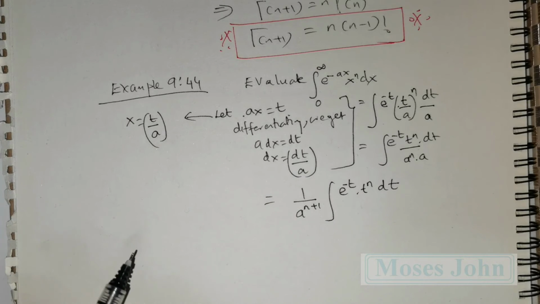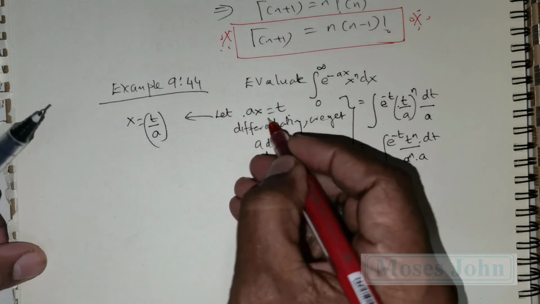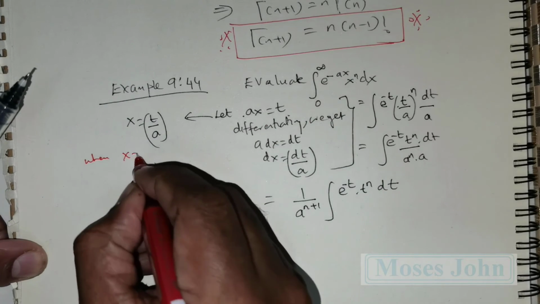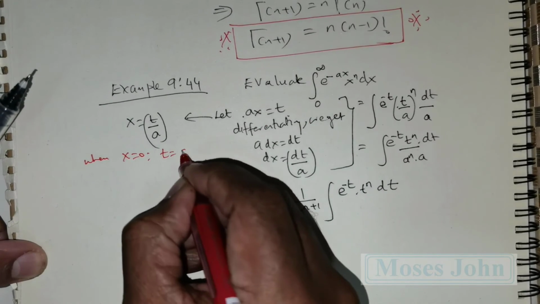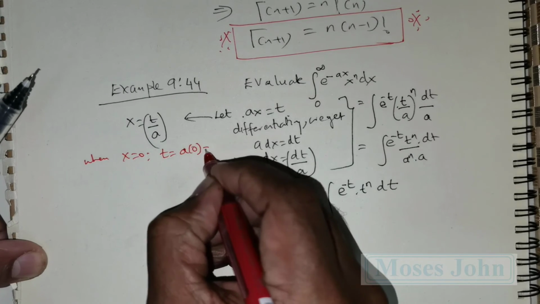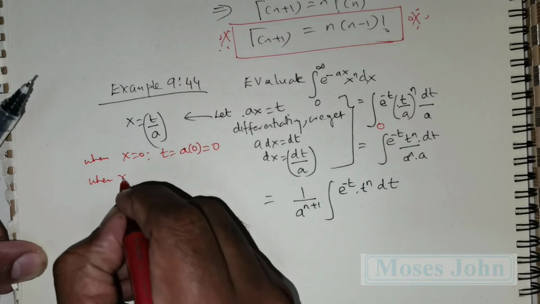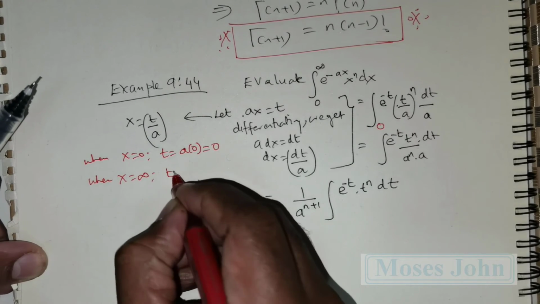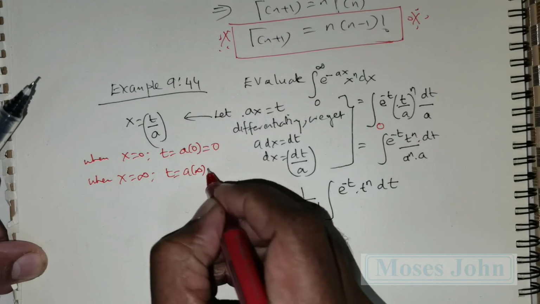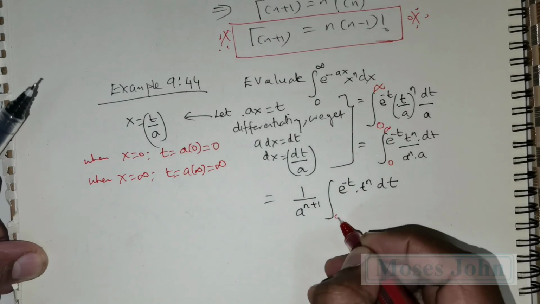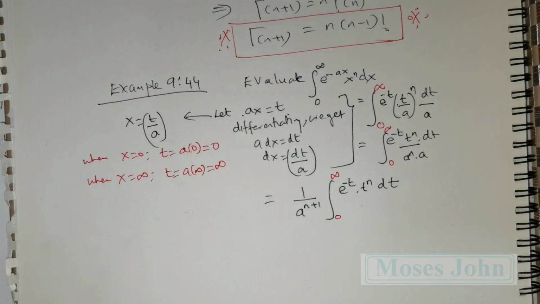Now the limits. When x is equal to 0, t is going to be a times 0, which is equal to 0, and when x is equal to infinity, t is equal to a times infinity, which is equal to infinity. So the limits are not changing.